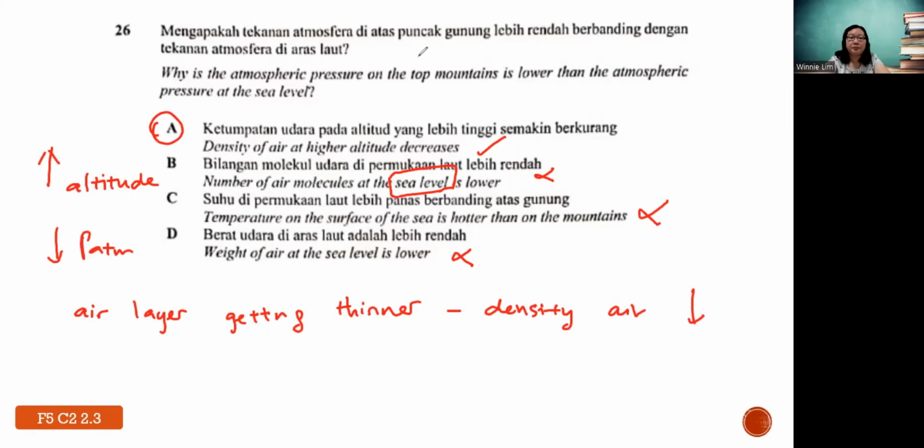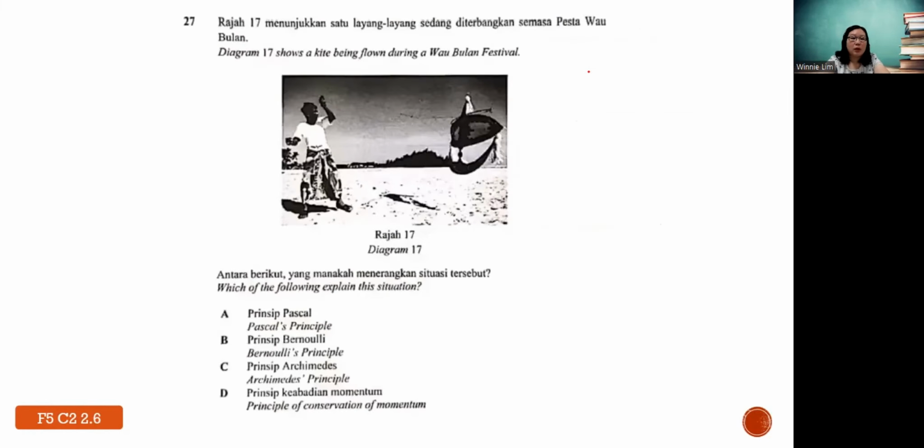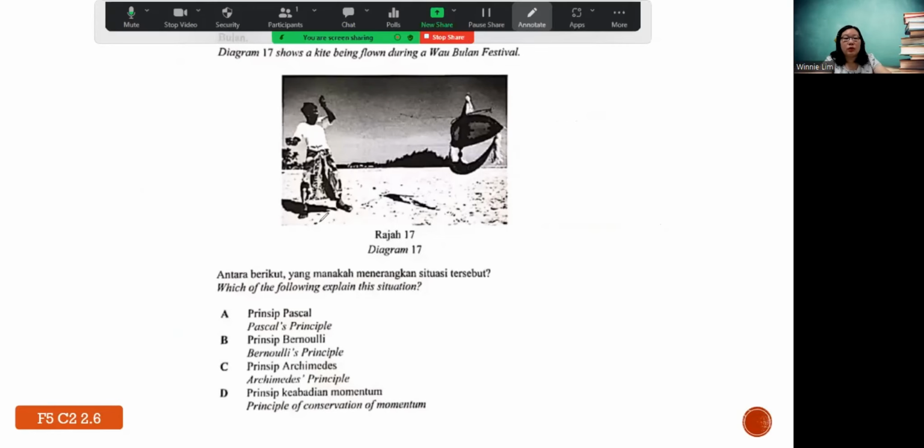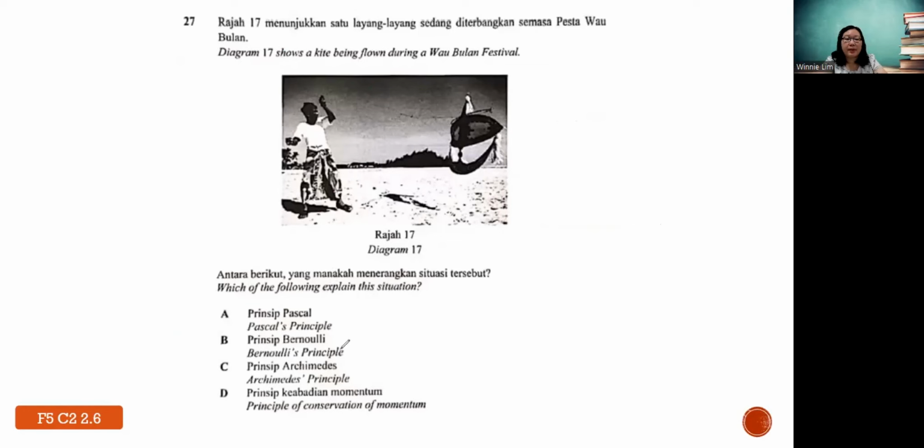Next one. Diagram 17 shows a kite being flown during a wau bulan festival. Which of the following explains this situation? For this one, you need to apply the concept of Bernoulli's principle. The reason it can fly, lifted, is due to the difference in pressure.